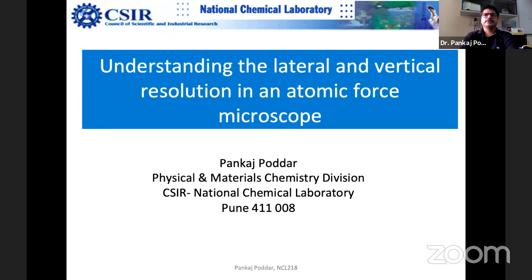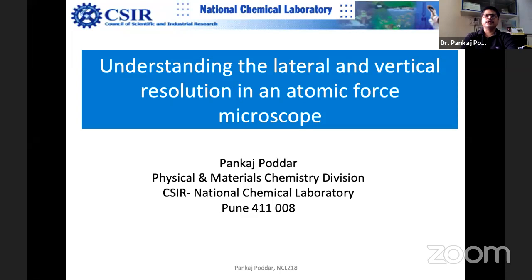So please note that here we have two terms for spatial resolution, lateral as well as vertical resolution. We didn't use these two terms separately for transmission electron microscope because there is no vertical resolution, there is no depth sensitivity there. So we only had a two-dimensional projection of three-dimensional objects. So as I mentioned earlier, this is the major advantage of atomic force microscopy, that you get true three-dimensional resolution.